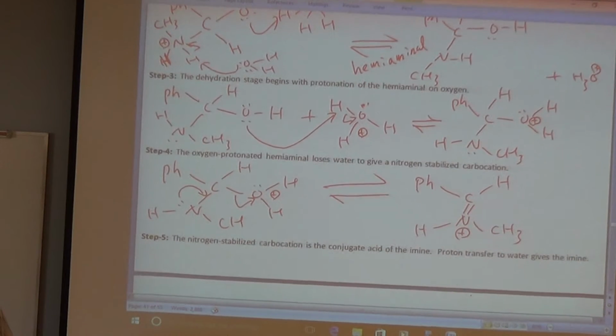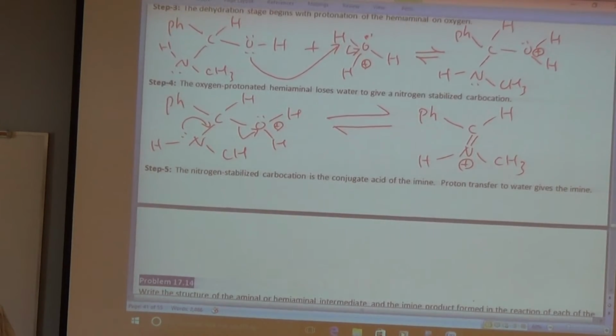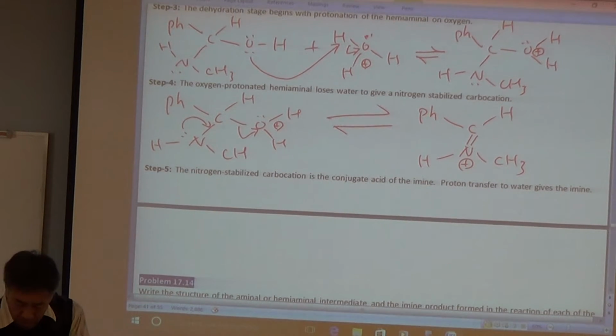Now you have the carbon nitrogen double bond, but the problem is in an imine your nitrogen is neutral, and doesn't have a positive charge. So the last step is very simple. You take the water and you can deprotonate the conjugate acid of your imine.